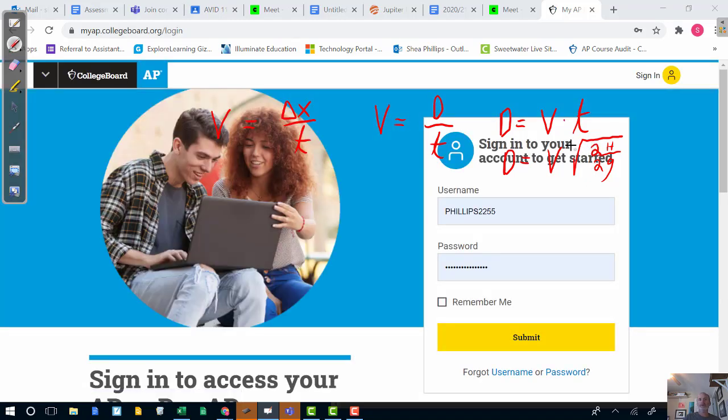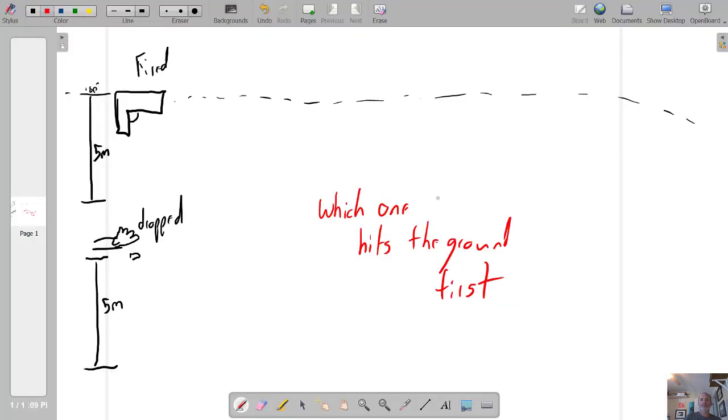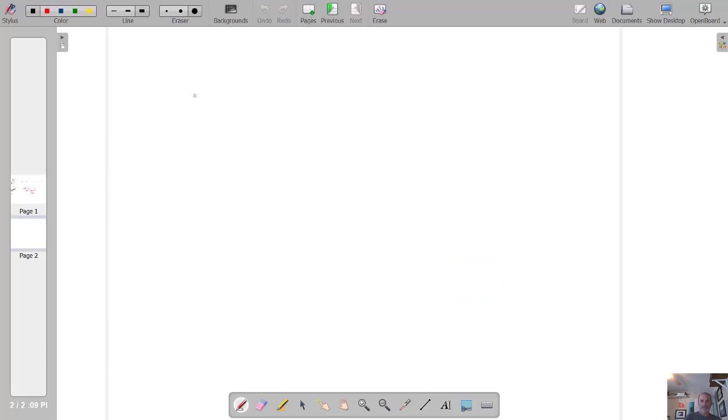So let me go here. Let me just rewrite that real quick. So we've got d is equal to v times t, which is equal to v times the square root of 2h over g, and we'll do the original equation here.